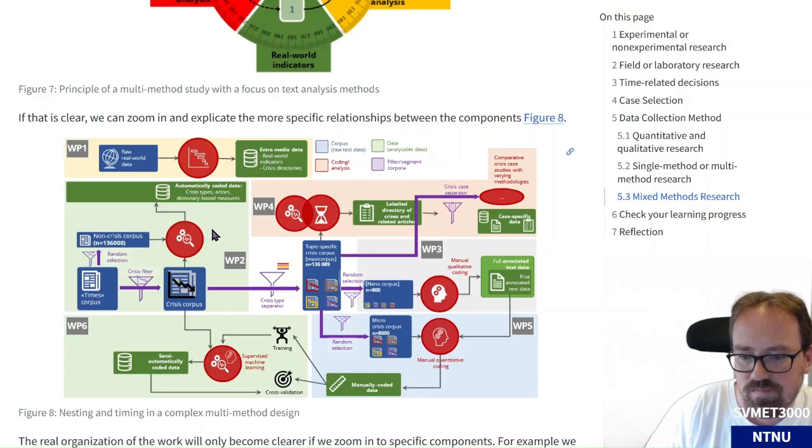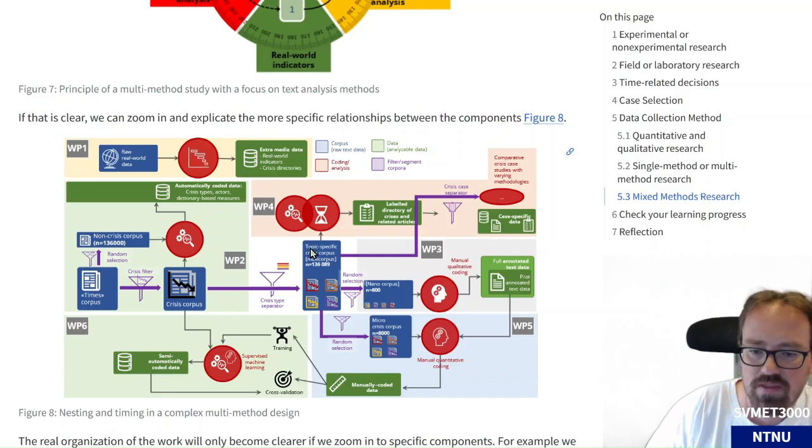And for the final component, the semi-automated content analysis and the supervised machine learning, we need the manually coded data in order to train and cross-validate the machine learning procedure, right?